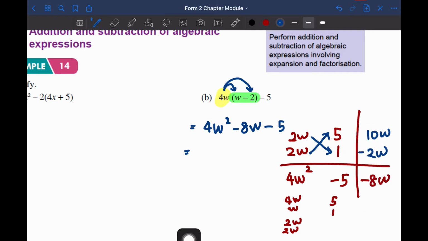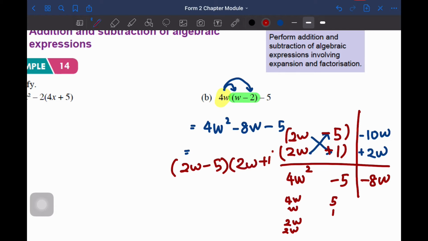So actually plus 2, minus 10. Kalau sini tolak, sini pun tolak. Sini tambah, sini pun tambah. So this is our 2 factors. The answer is 2w minus 5, 2w plus 1.